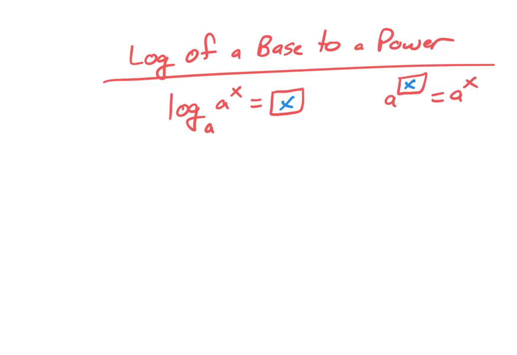And so what this rule is basically saying, if these two bases are the same, my answer is whatever the exponent is. Okay? And that's all we would have to do. I could do it with numbers. I could say the log base 2 of 2 to the 7th, and that would equal 7.